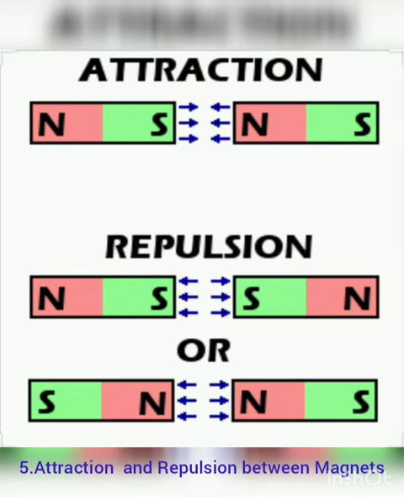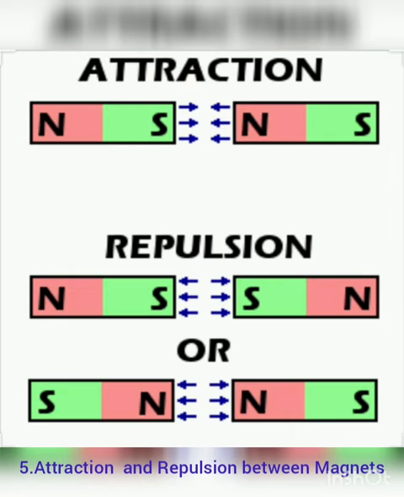There is an attraction and repulsion force between bar magnets. That is, a magnet shows mutual attraction and repulsion. Actually, the like poles of the magnets repel each other and the unlike poles of the magnets attract each other. Look at this picture.